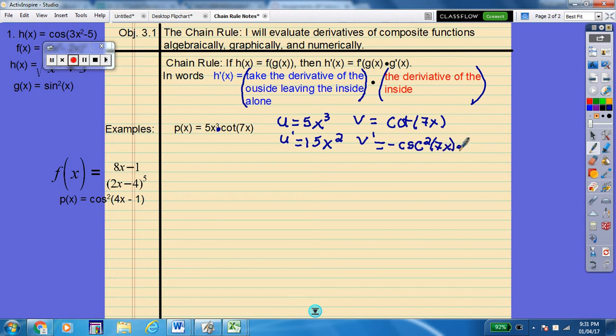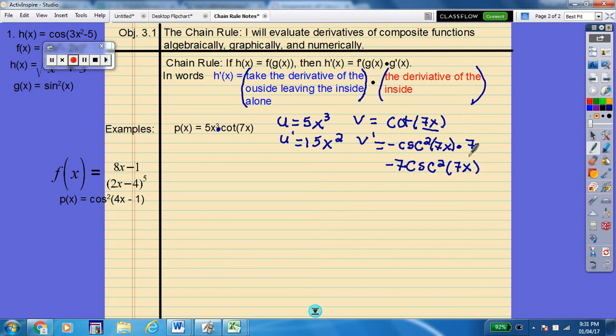But I now have to multiply by the derivative of the inside, which is 7x. So the derivative of that is 7. And again, we're just going to make this a little pretty: negative 7 cosecant squared of 7x.